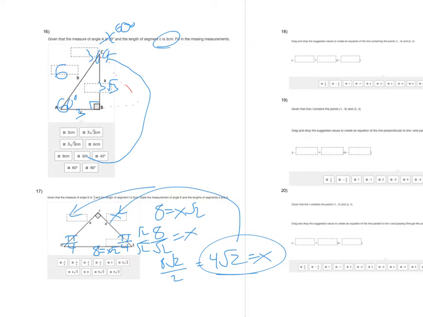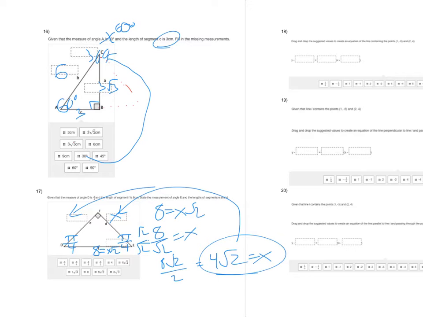And the friendlier way, of course, to do this problem is if I had given you the leg, the shorter side, and said, okay, well, if this is 5, then the hypotenuse is 5√2. But we can figure it out this way as well.